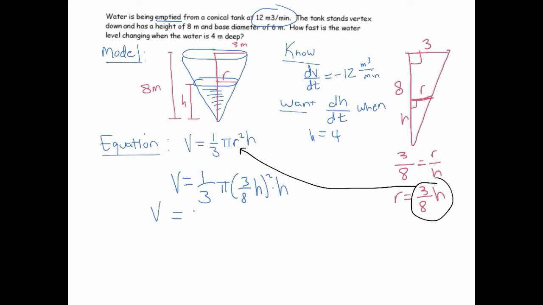That means it's 1/3 times 9/64 H squared times H, which means the volume is 3 over 64 H cubed. I missed a pi in there, so let's put the pi there.